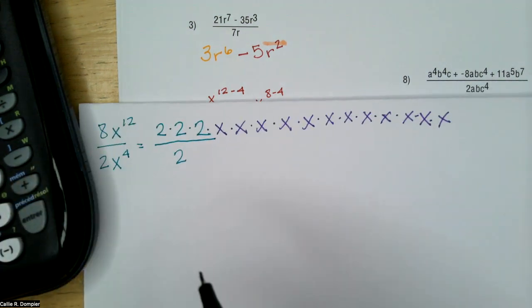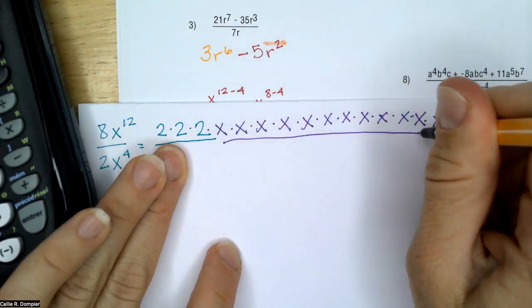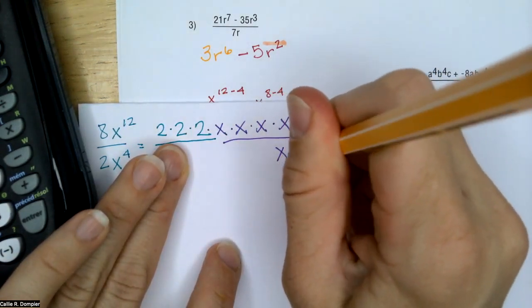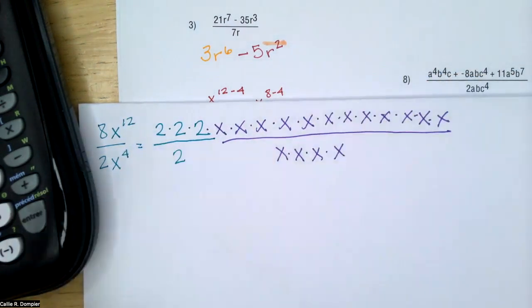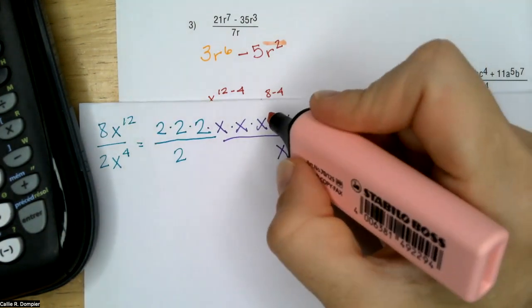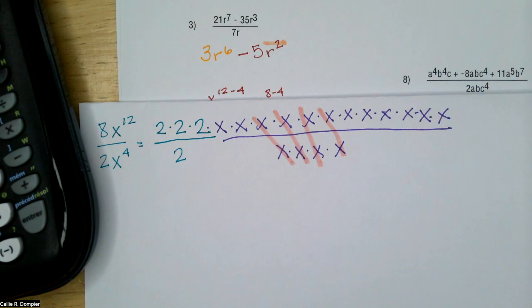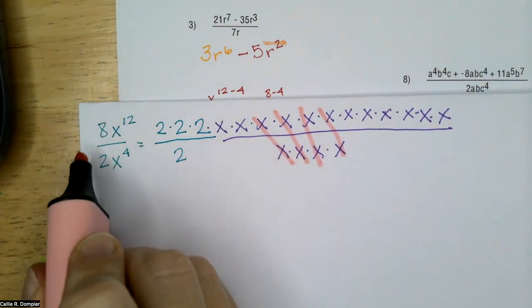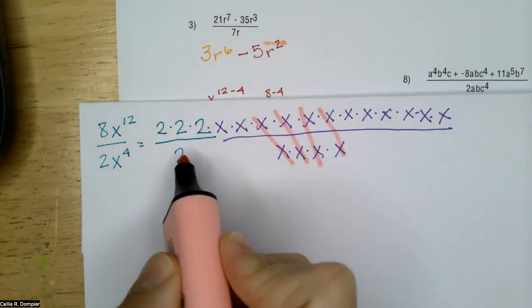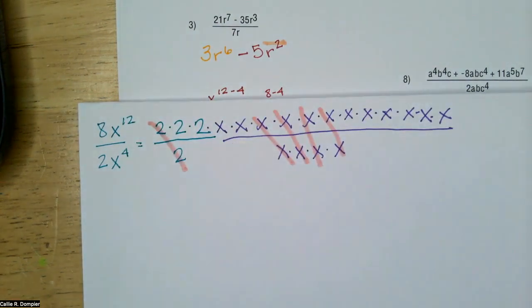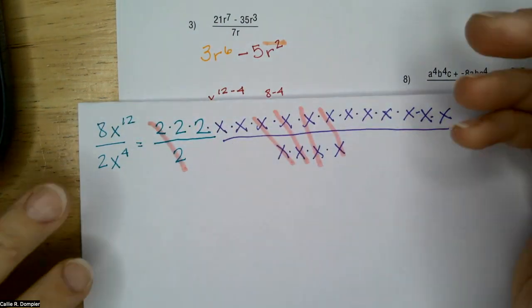Right? 12. And then down here we have 4 of them. Good? All right, so 8 is 2 times 2 times 2. 2 is just 2. I can cancel out one of the 2's. 2 times 2 becomes 4.